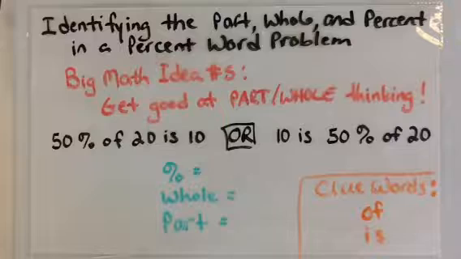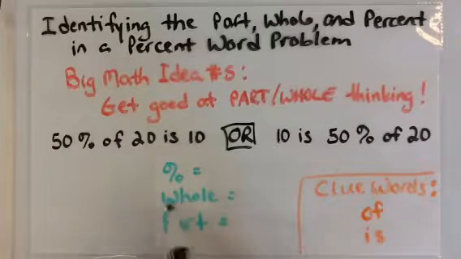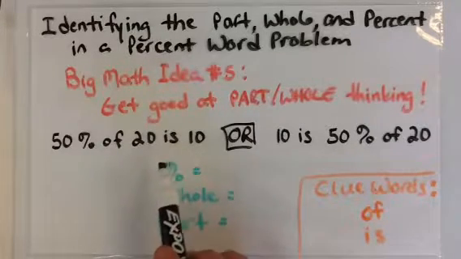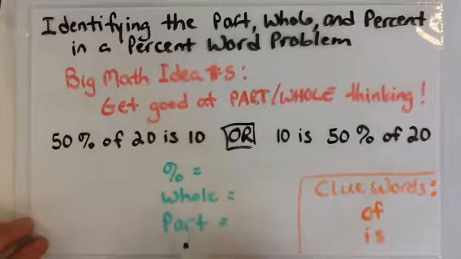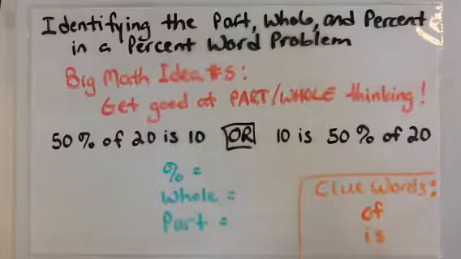So now what you need to learn how to do is to identify the three parts of a percent statement: the percent, the whole, and the part. And one method of doing this analysis involves using clue words.